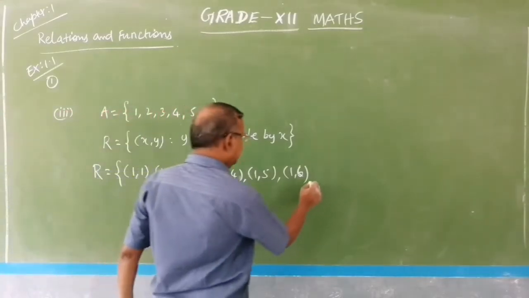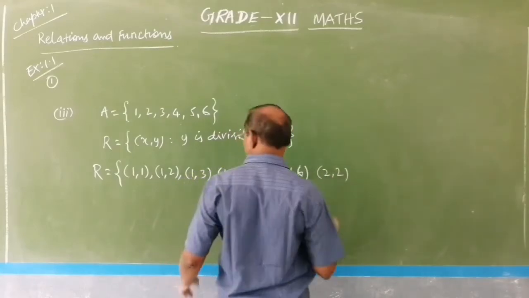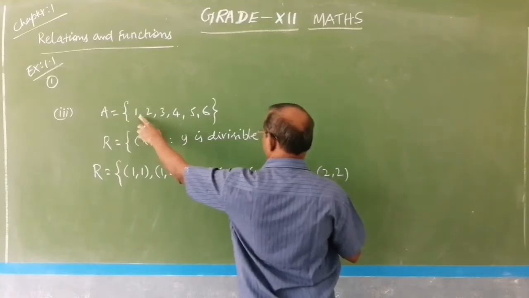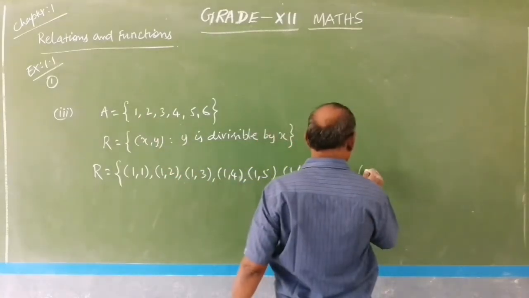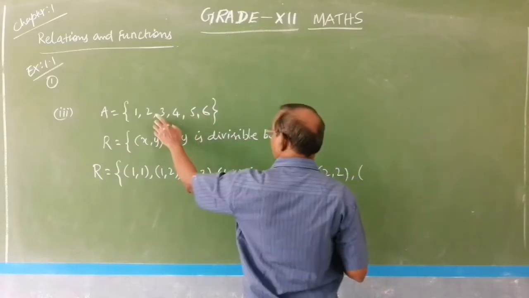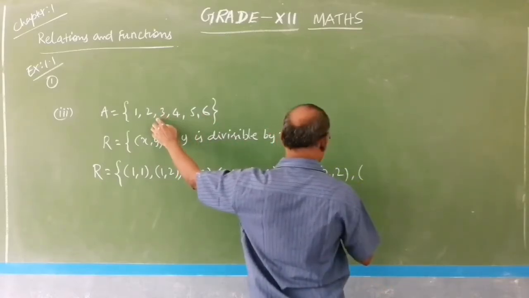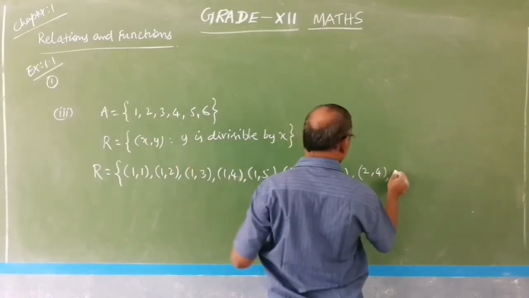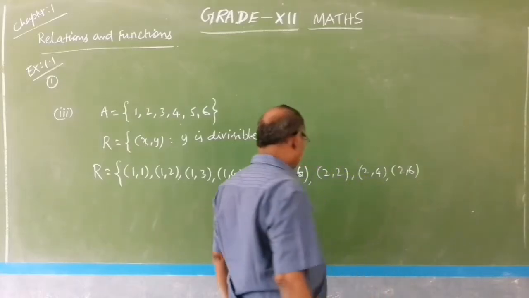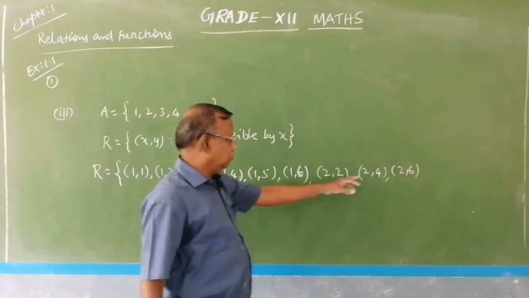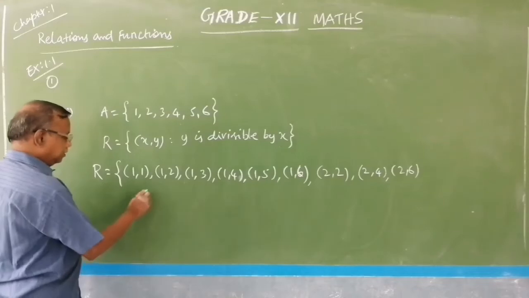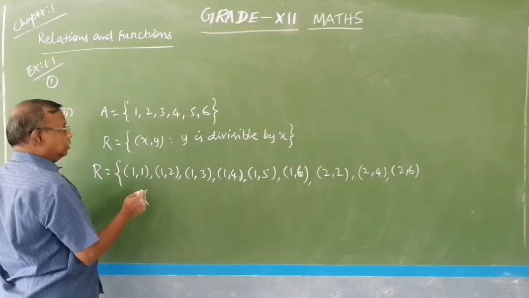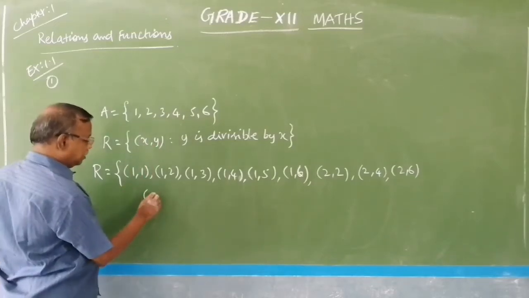Similarly, (2, 2): 2 is divisible by 2. 3 is not divisible by 2, so (2, 4) and (2, 6). Then for 3, (3, 3) and (3, 6) only.